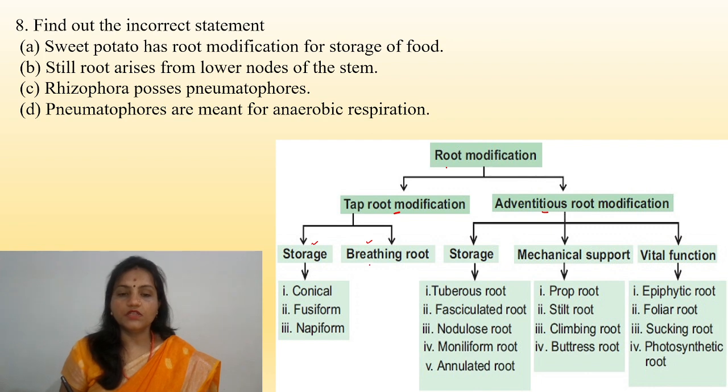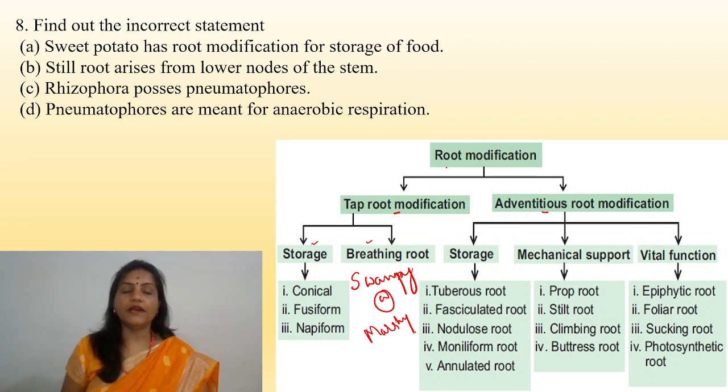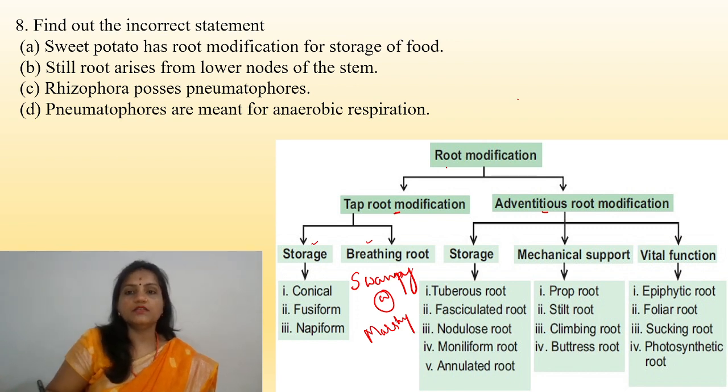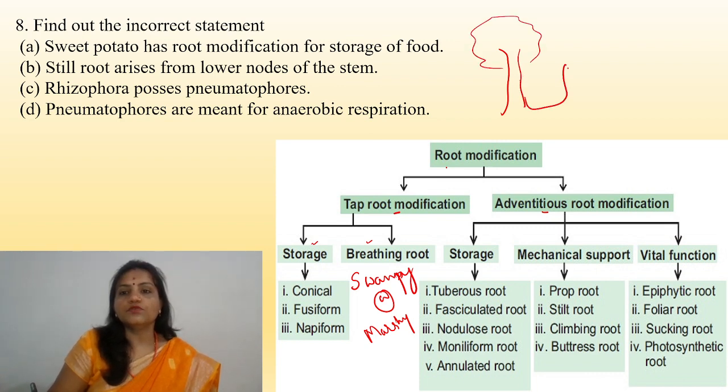So what are these breathing roots? In case of plants present in swampy or marshy regions, when you go to the sea, near the backwaters, you see some plants wherein there are roots arising from this.